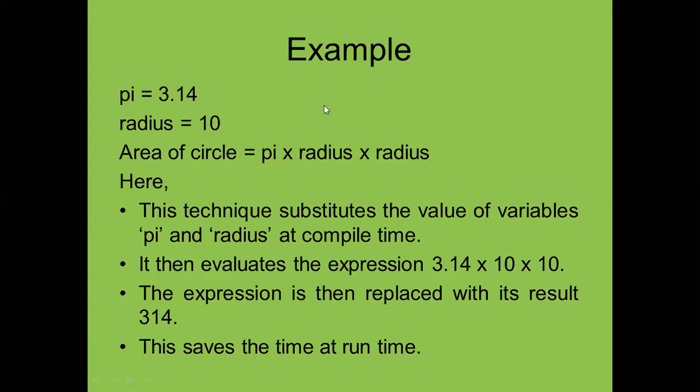In this case we can calculate directly. So while writing a long program, there is no need to do such things, otherwise it will take more time. The expression is replaced with its result, so here the result will come 314. This saves time at runtime.